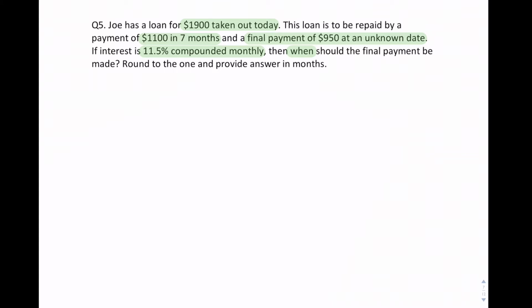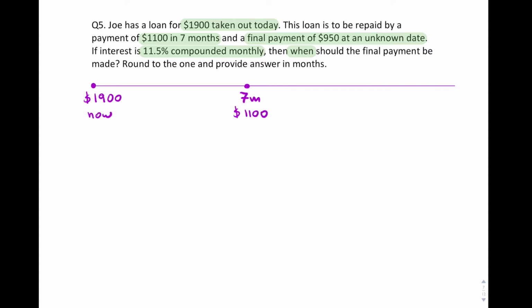Just as usual, I'm going to draw a timeline so I can visually see what's happening. We have 1900, and that is today, or now. And in 7 months, there's a payment of 1100 that will be paid.